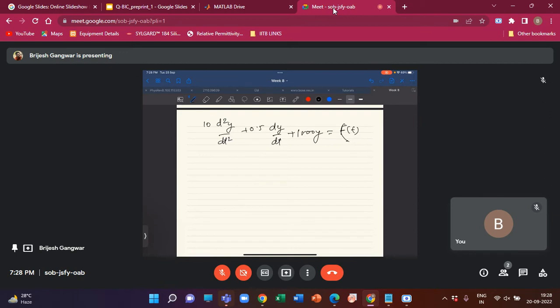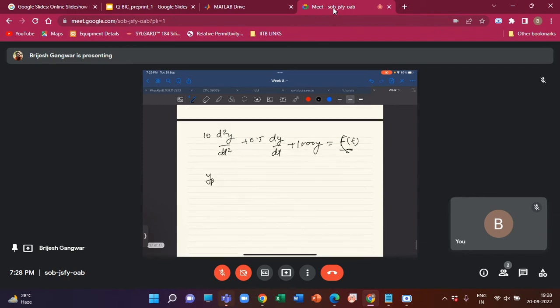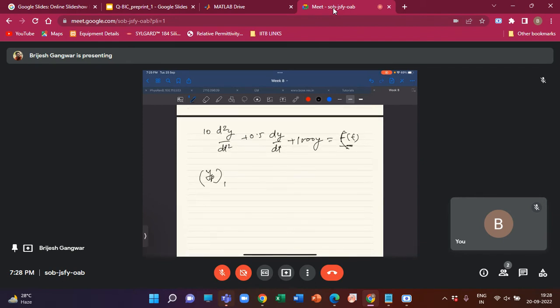Because this differential equation is linear, we can first find the particular solution y_p corresponding to the first term on the right, which is in this f(t), and we will call it y_p1.